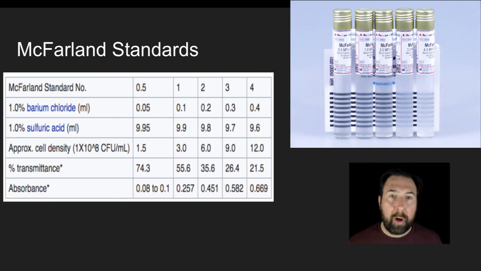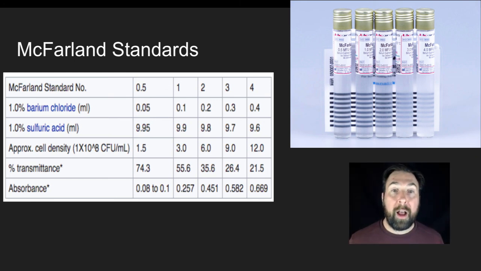Now, this will allow me to see what growth rate I have in my cells. So if I start with my initial population being something that is below that 0.5 McFarland standard, and now after 5 days, I've moved up to a McFarland standard between 1 and 2, or a 1.5, that can tell me that my population has maybe tripled in the amount of time I've been running this experiment.